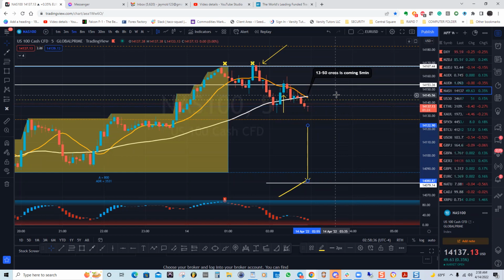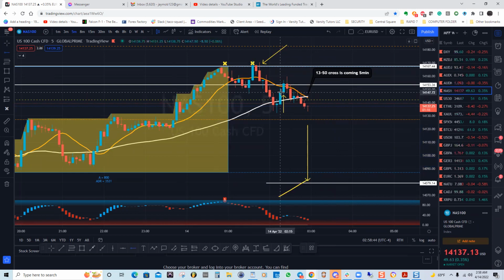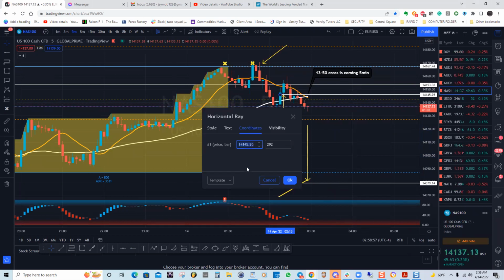So I entered this trade. Let me show you where I entered this trade, because I think people need to see that. I entered at 14,255.89.